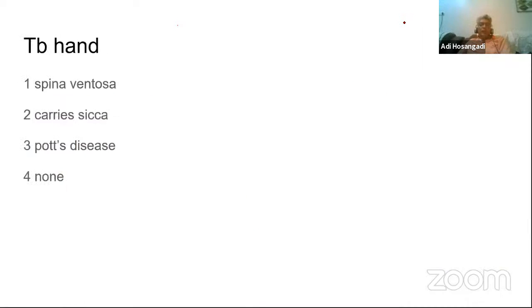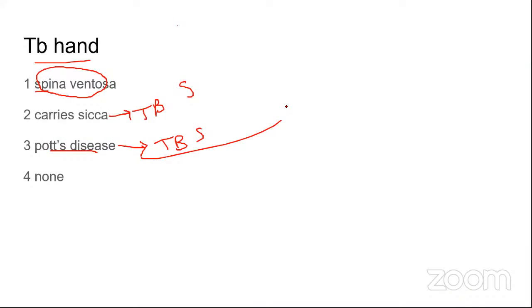TB hand, there's one question relevant to this: spina ventosa in the hand, caries sicca in tuberculous shoulder, Pott's disease in tubercular spine.